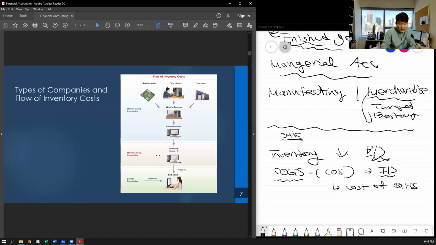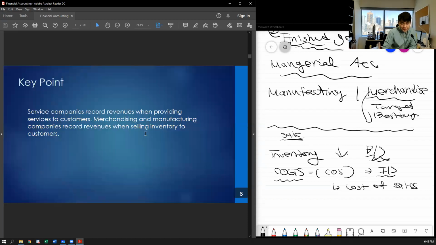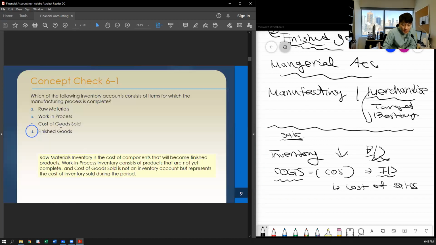This is not necessary. But basically raw material, again, raw material, work in process. This is something that you will be learning in managerial accounting in the next semester or the semester following. Okay. Key point, not important. So let's go to the concept check.